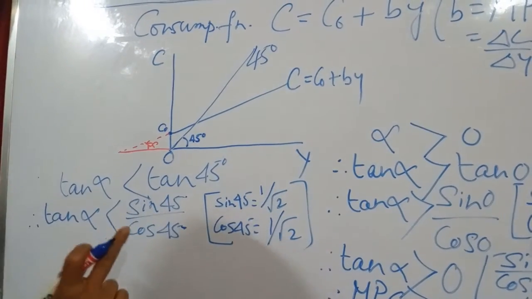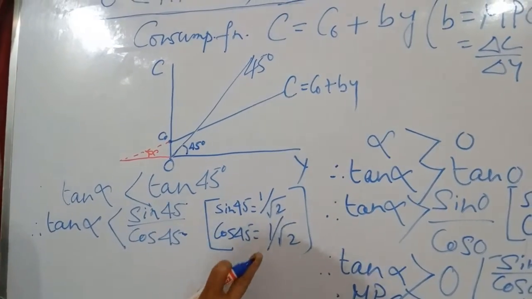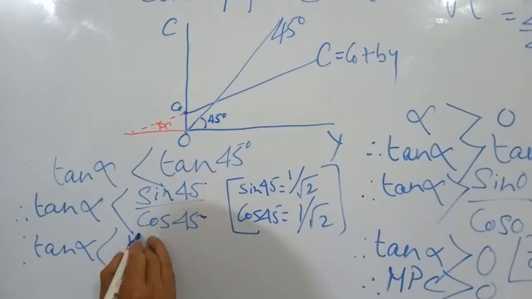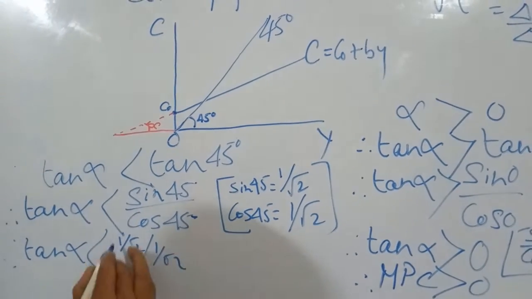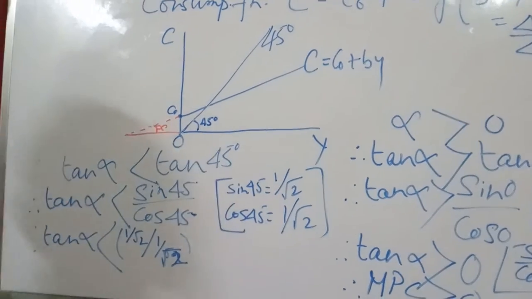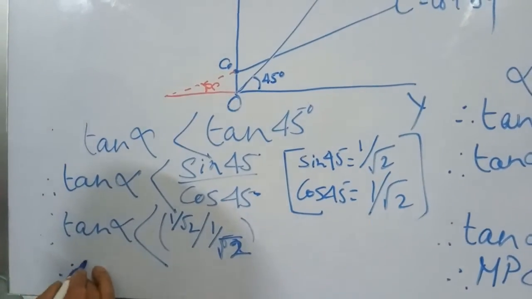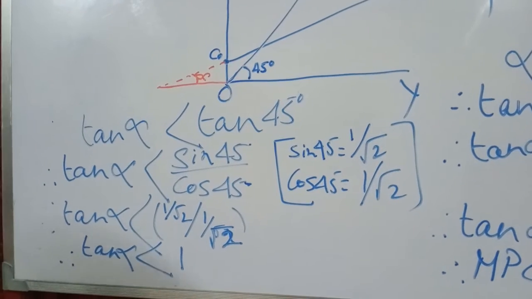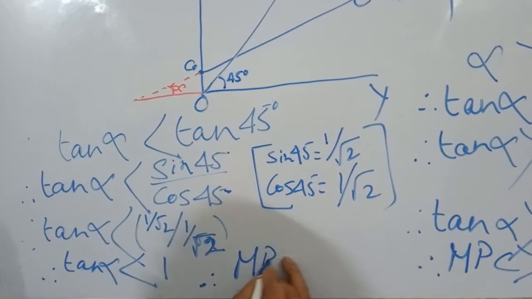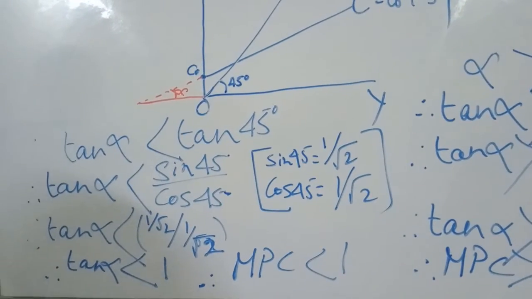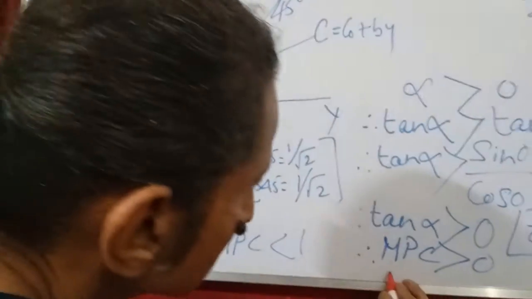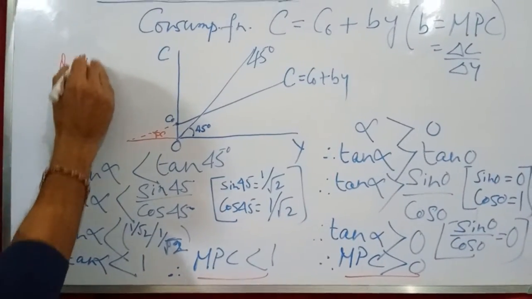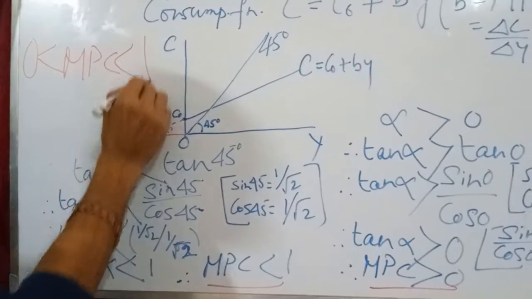Therefore, sin 45 by cos 45 equals 1 by root 2 divided by 1 by root 2. Therefore, tan alpha is less than 1. Therefore, MPC is less than 1. So, MPC is greater than 0 and MPC is less than 1. So, proved.